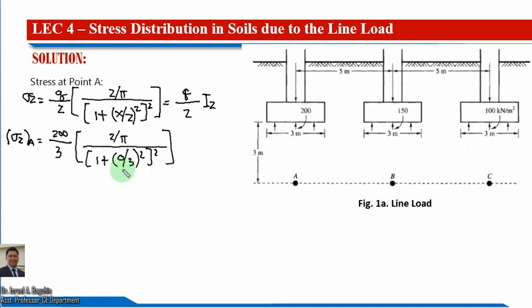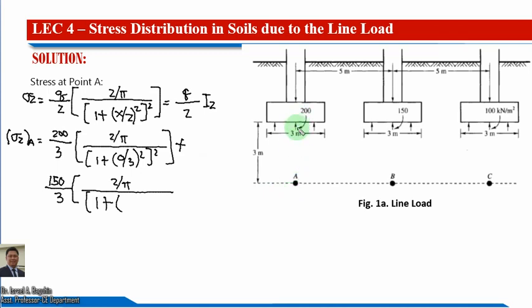And then after this one, for this point A, we have this first footing. Okay, so we are going to have this second footing here, adding plus this 150 over 3, times this 2 over pi over 1 plus, so what would now be our x?